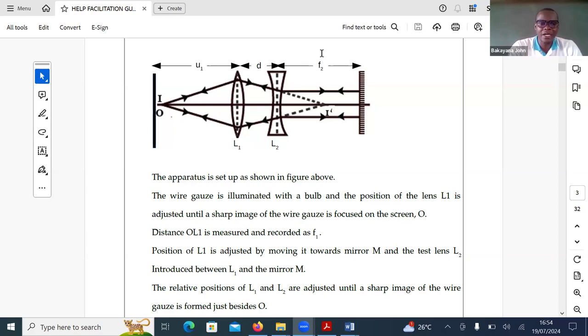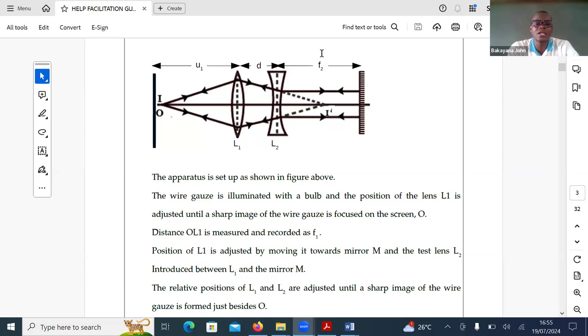So we first focus the converging lens before bringing in the concave lens, and the idea is that we first get F1. Is that okay? Then after we introduce in, at least you have the question paper we sent in our group, so you can follow up the question. The guide I will share after.